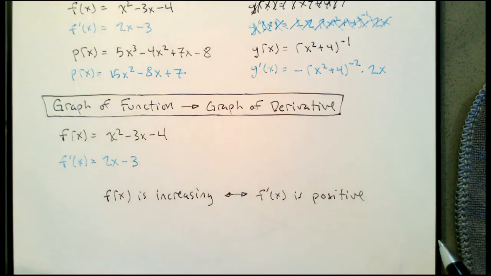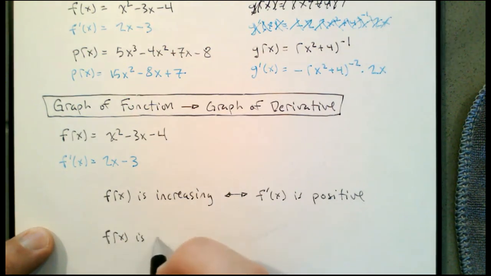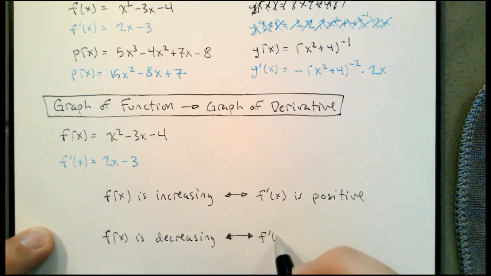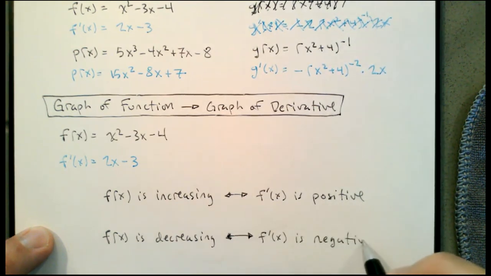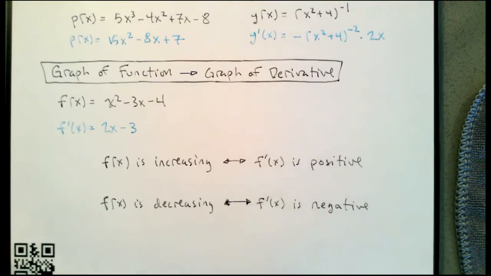If the function is decreasing, that means that the derivative is negative. If the function is flat, then the derivative is equal to 0.